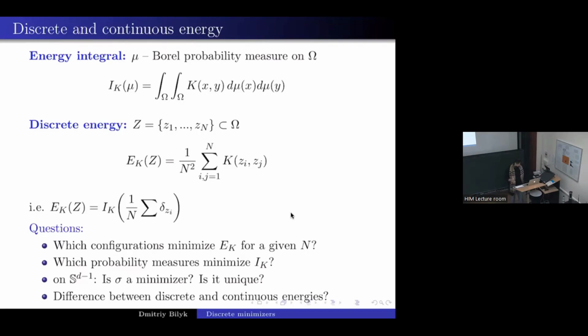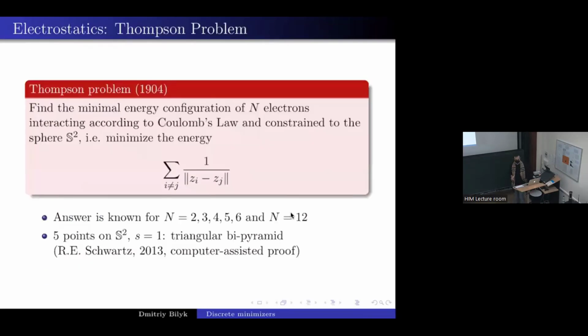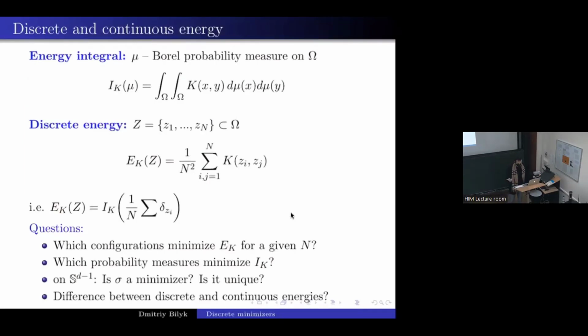I'll just mention a couple of things about discrete energies. Discrete energies are generally harder than the energy integrals in full generality, because it's a more subtle question. You impose more conditions on the measure.